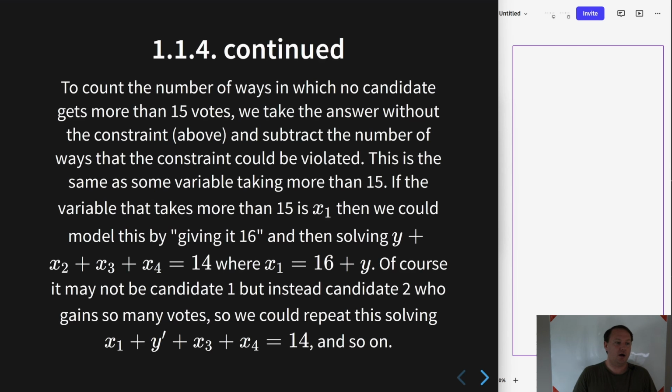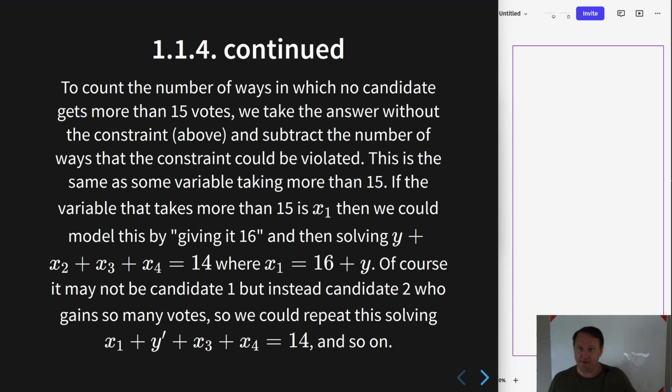Trying to build up toward the solution, if there are 30 votes and we want no candidate to get more than half, then nobody gets more than 15. Nobody gets 16 or above. To begin with, it does seem easier to count up everything, which we've already done.